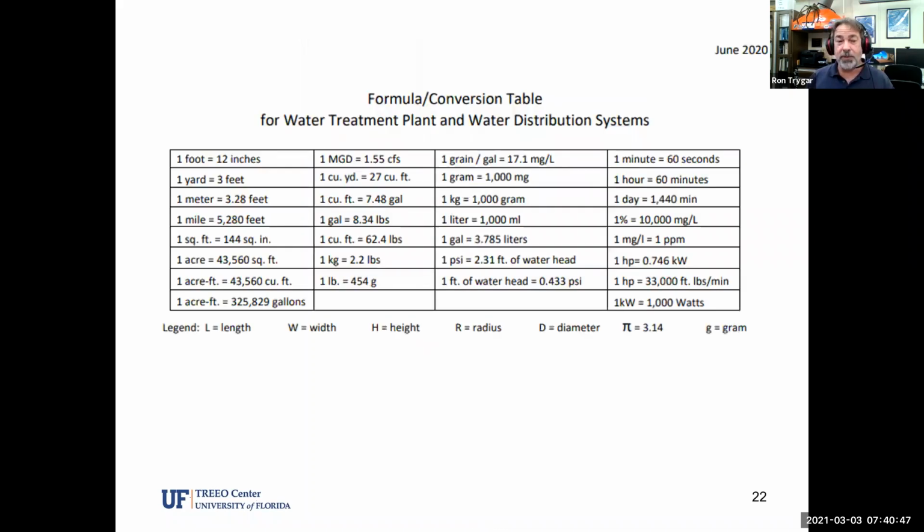All right, so going back to our discussion on these conversion tables. There are some things you're going to have to remember for solving some of these equations, that some of these conversions have to be done first before you can launch into using some of the formulas on the other formula pages.